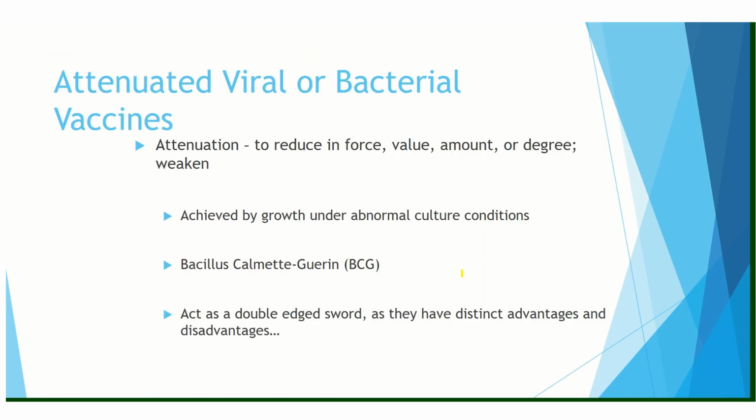One example of an attenuated viral and bacterial vaccine is Bacillus Calmette-Guérin. That's the name of the researchers who cultivated it more than 50 times, and then they got a less virulent, less harmful vaccine that prevents tuberculosis, one of the most effective attenuated bacterial vaccines.